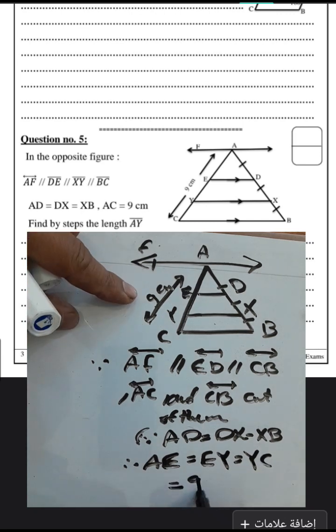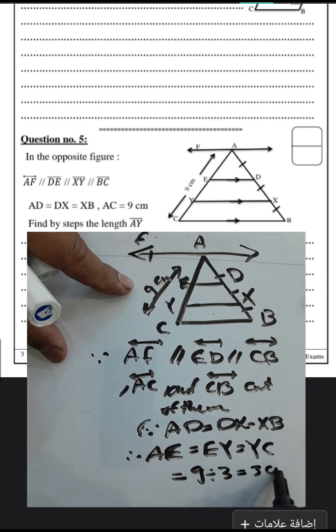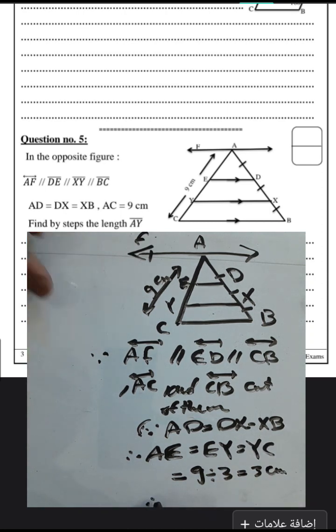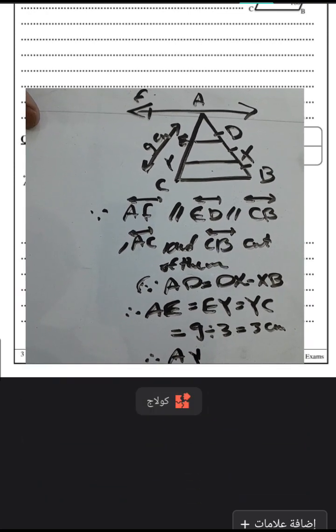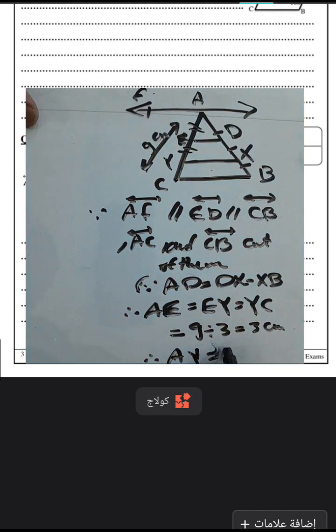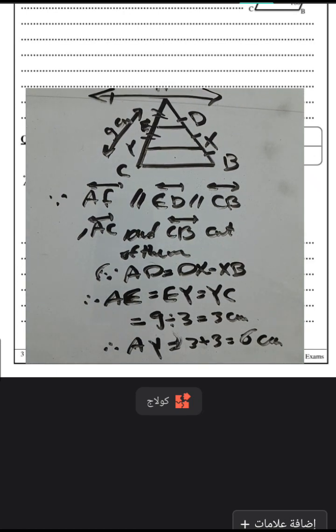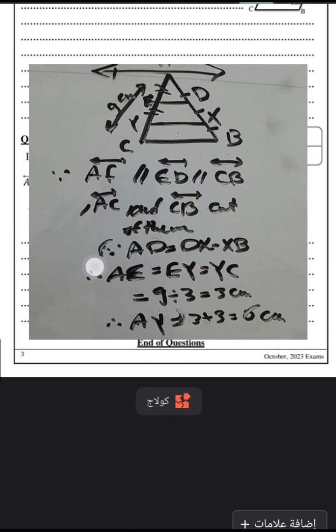Write 9 divided by 3 equals 3 centimeters. Then we want to find the length of AY. AY will be equal to 3 times 3, which will be 6 centimeters. Okay, we finish the question now. Okay. Understood?